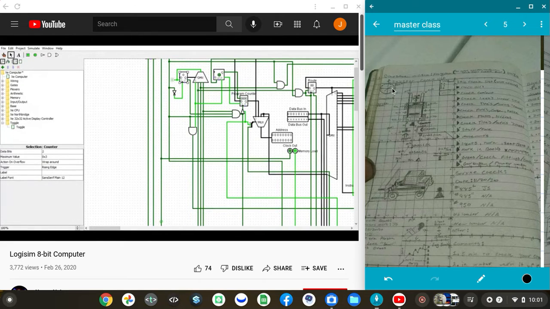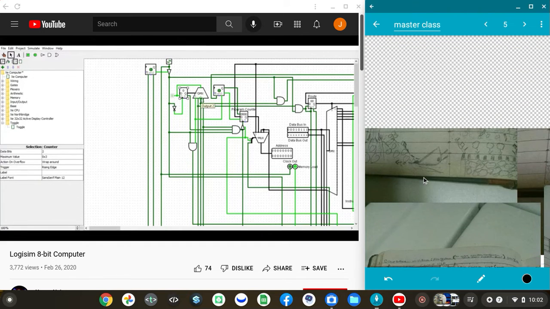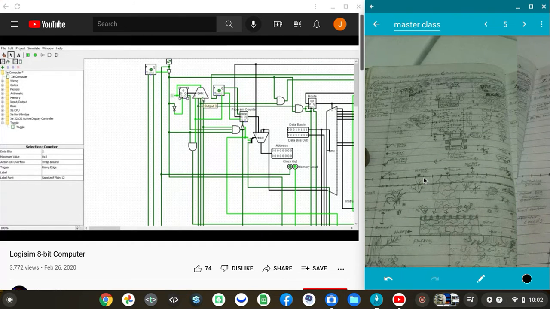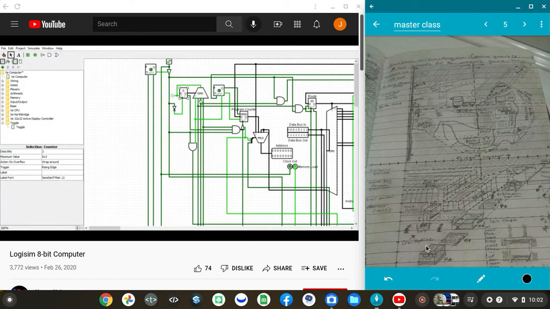Anyway, not all instructions take one whole cycle to execute, like this whole cycle of fetch, decode, execute, also execute. In fact, most instructions take more than one cycle to complete.